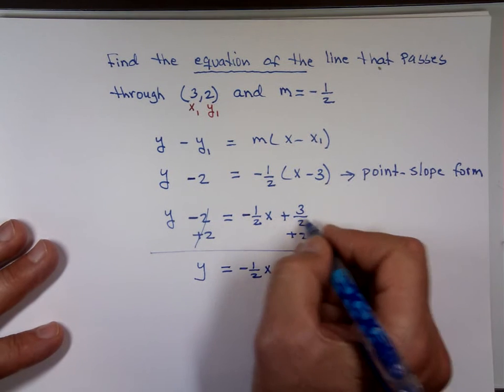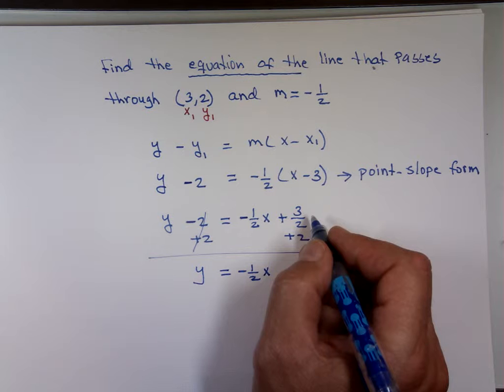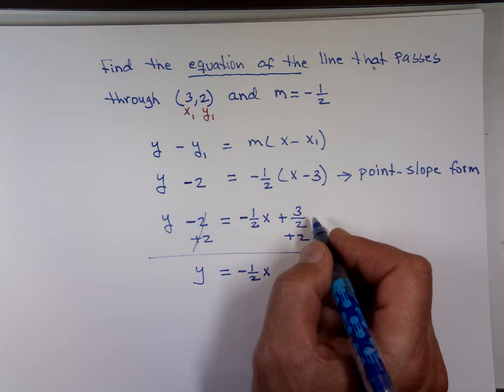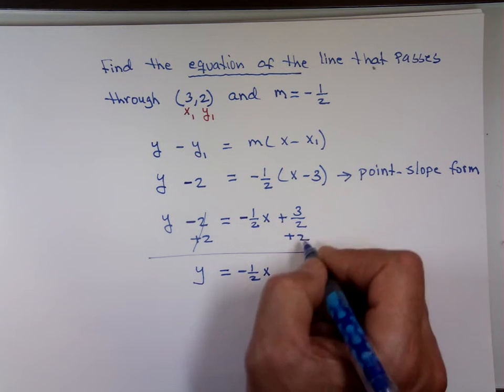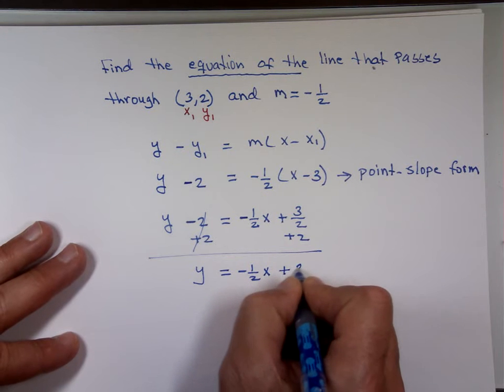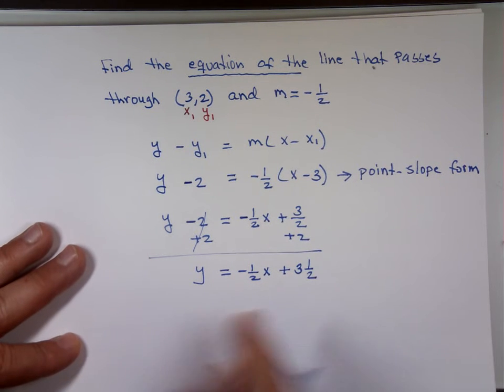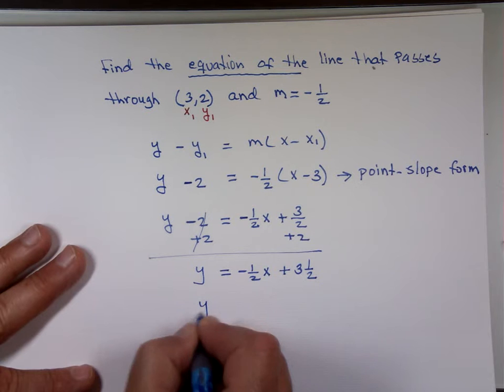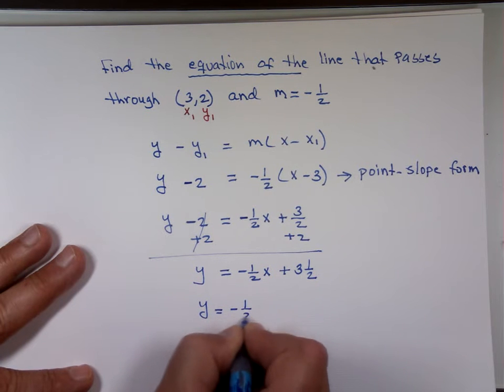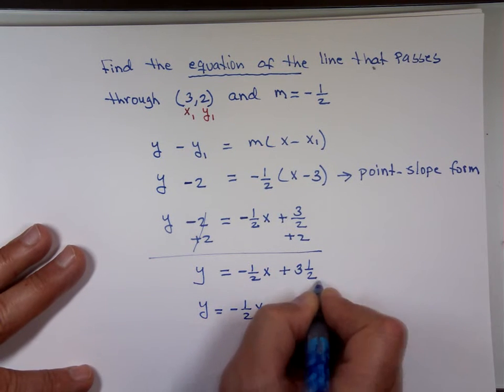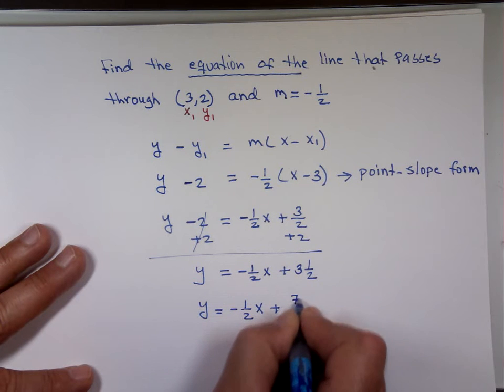Three halves, isn't that 1.5? 1 and 1/2. Add to it 2. That's 3 and 1/2. If you don't like it like this, 2 times 3, 6 plus 1, 7/2.